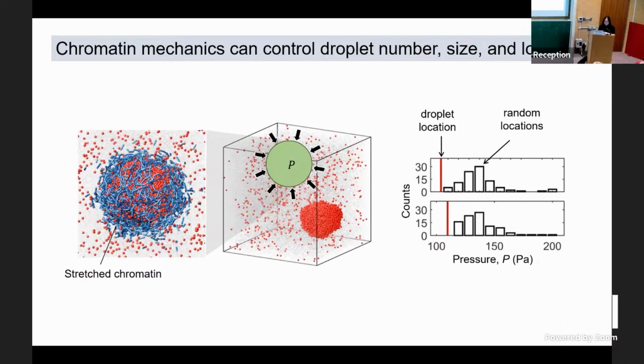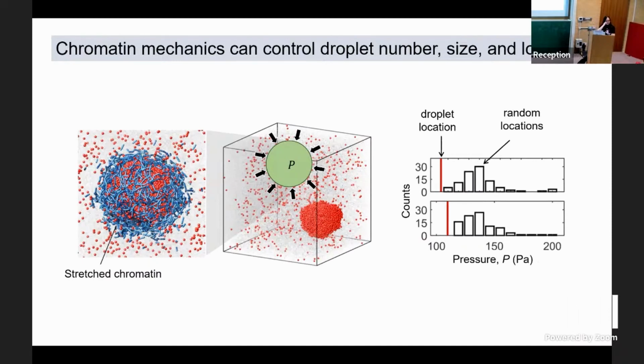The problem I would say is that these simulations seem to entangle. Reptation is slow, but if you have a droplet which grows really actively and applies pressure, then even if you have entanglement, it can be pushed away.